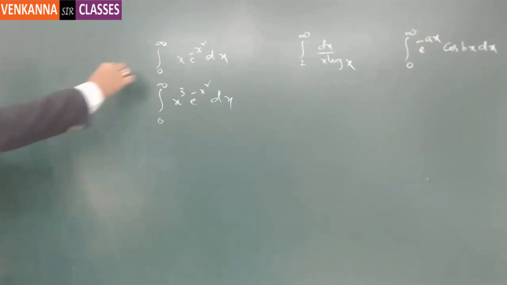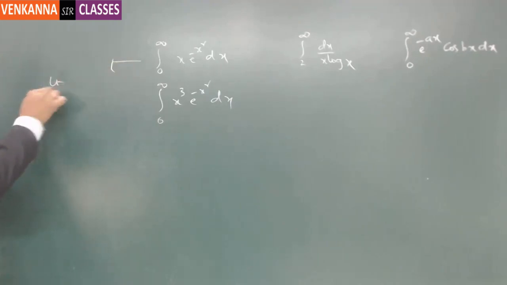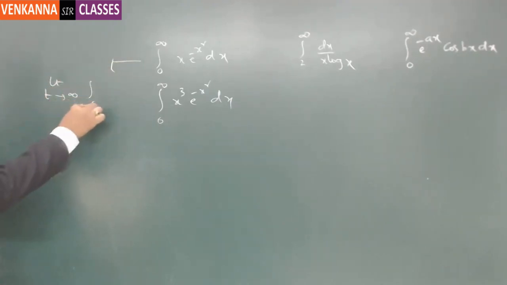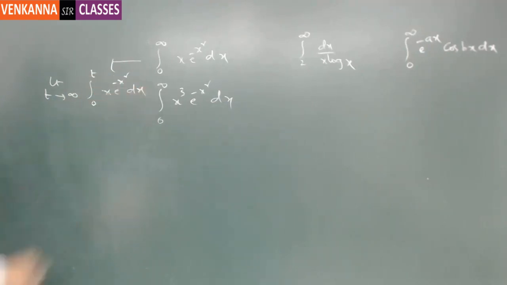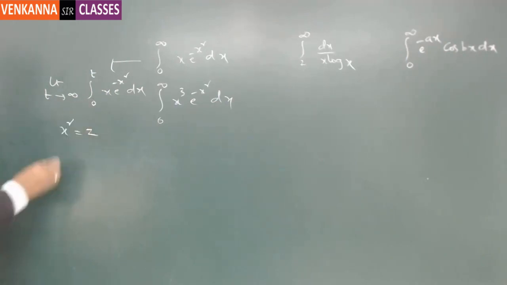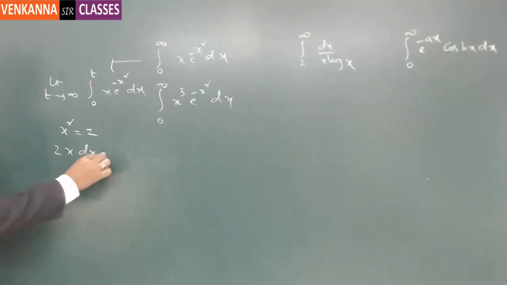So for the first one, it is nothing but limit t tends to infinity, integral 0 to t, x into e power minus x square dx. And how are we doing it? Let us take x square equal to z. So 2x dx is equal to dz, and you can vary the limits here. How will the limits vary here? Since x is varying from 0 to t, you have to take the same things.